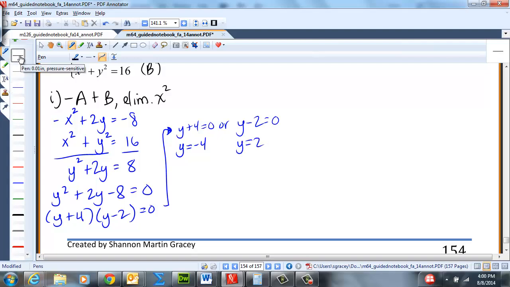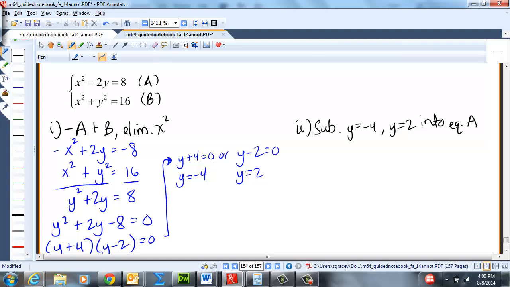So then our next step will be substituting in y is negative 4 and y is 2 into, let's do equation A, I think might be easier. So equation A was x squared minus 2y is 8.